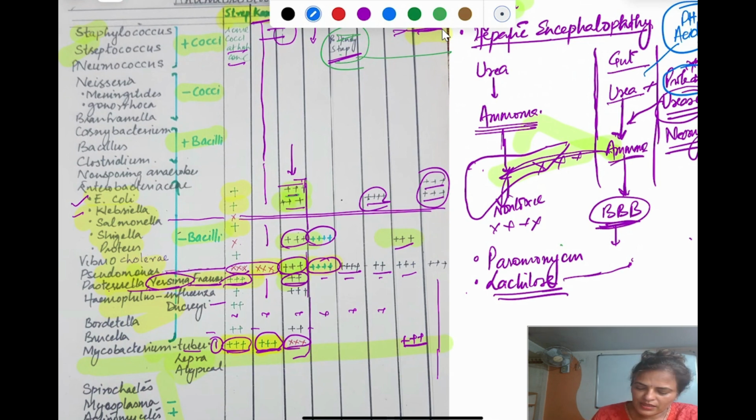This is how lactulose helps the patient with hepatic encephalopathy.